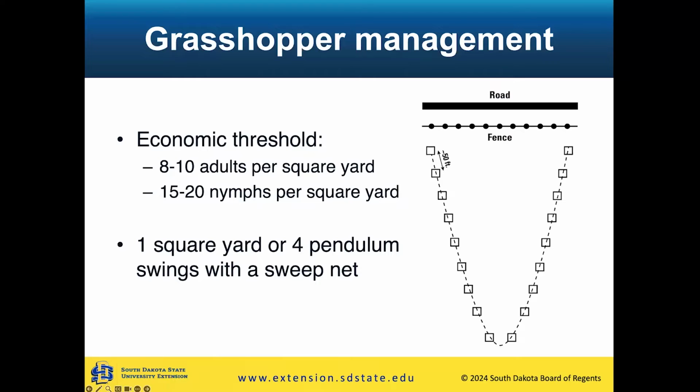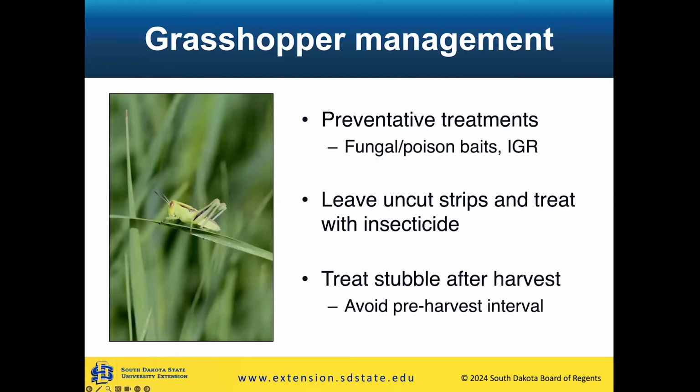If you have to spray for grasshoppers, it might just be along the border. You might not have to treat the entire field because you could get some of those really close to the fence line a lot more. And then as you get further into the field, it's not so bad. But that diagram is just an option that you can follow.